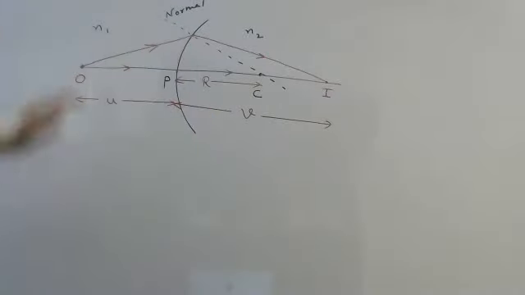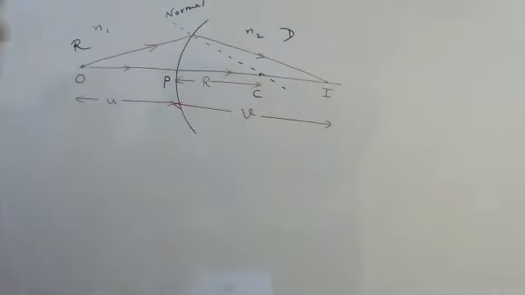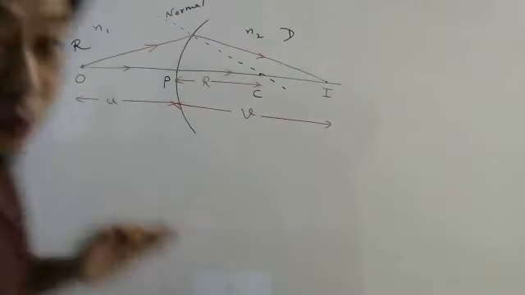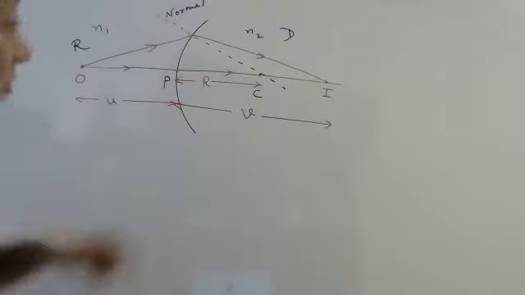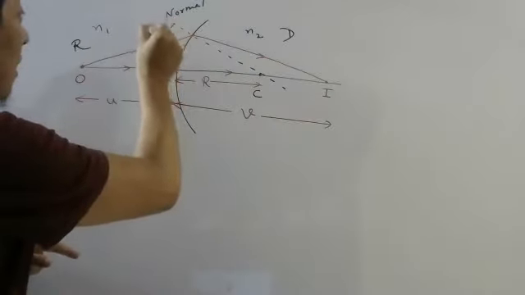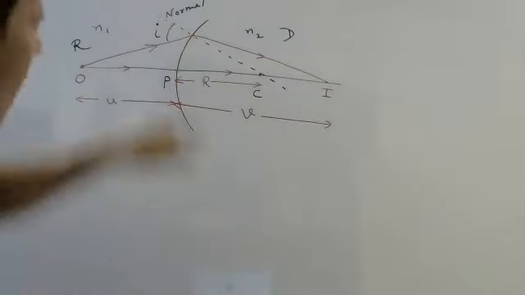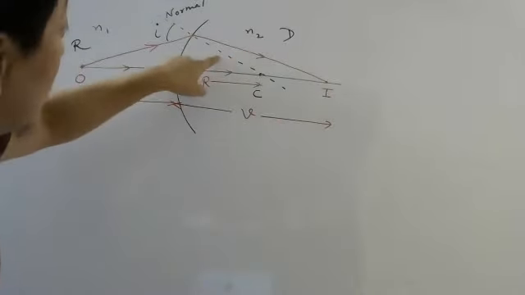And you should understand, I have assumed this is the rarer medium and this is the denser medium. Now, you have to use Snell's law, right? So in Snell's law, you need the angle of incidence. So angle of incidence means the incident ray and the normal. So this is your angle I. Then the angle of refraction. This is the refracted ray, this is the normal.